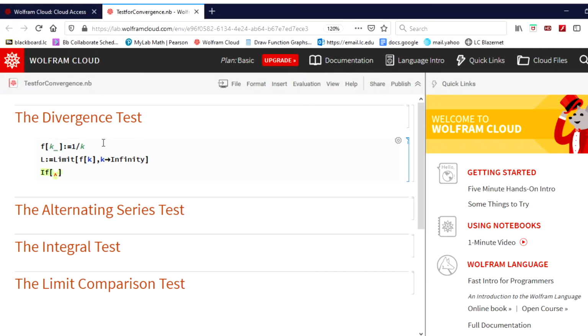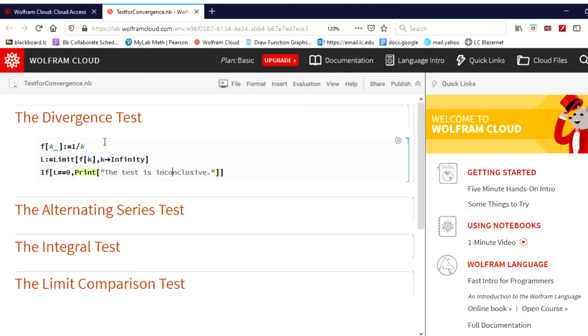Now, to begin with here, what we might notice is what we're judging is the value of L. So we might say here, if L equals 0, what does that tell us in a result to this test? And if you remember, right, when you calculate the divergence test and this limit as k heads to infinity is 0 in value, the test is inconclusive in its result, right?